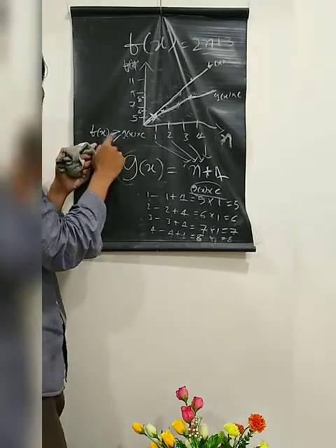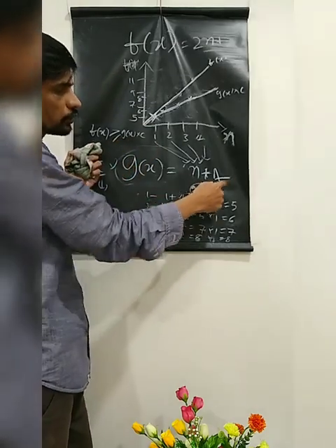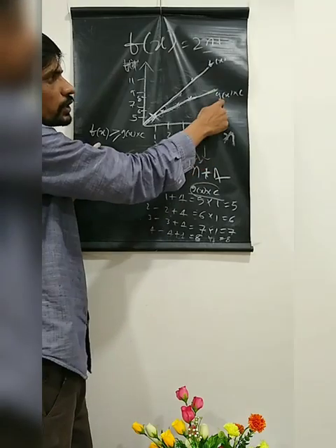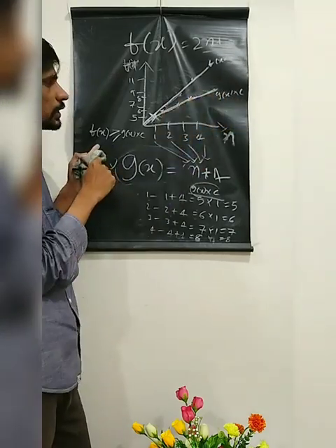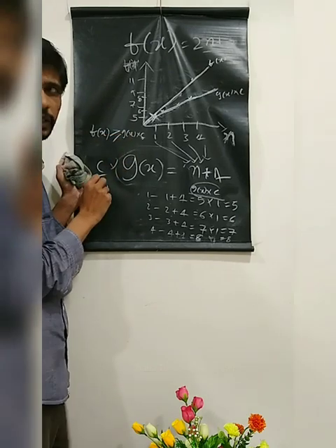This is satisfiable by using this n plus 4 multiplied by c with this g of x multiplied by c. See, now here c is a positive constant, right?